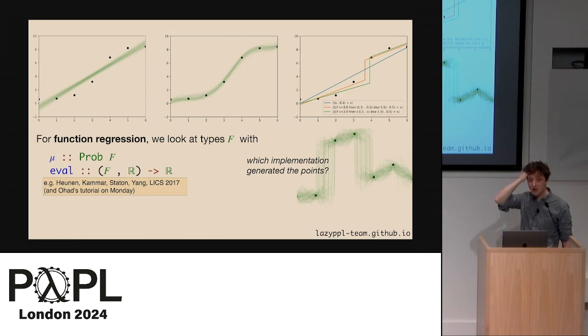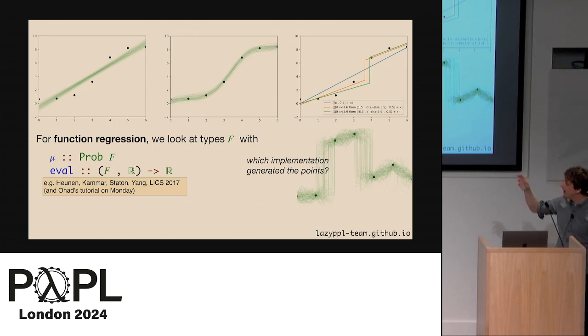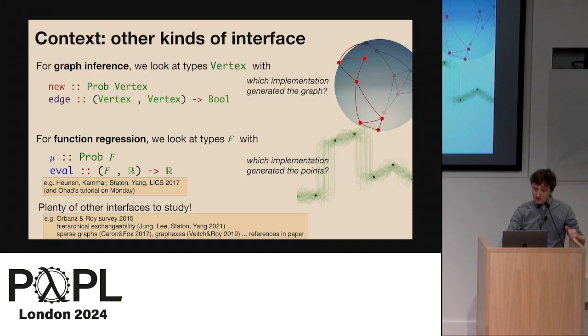Perhaps some of you went to Ohad's tutorial on Monday. We've looked at these kinds of things quite a lot. For example, the quasi-Borel spaces was meant to explore these kinds of structures. Okay, so that's another kind of abstract type. It looks a little bit similar in flavor to the graph one. But there's plenty others to study, which we mentioned a bit in the paper, but I think there's still a lot of work to do.